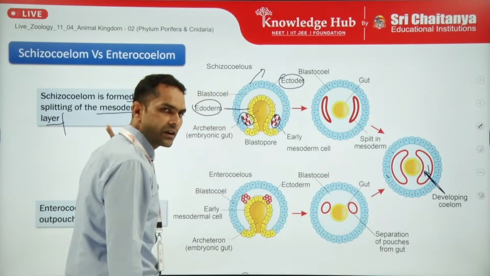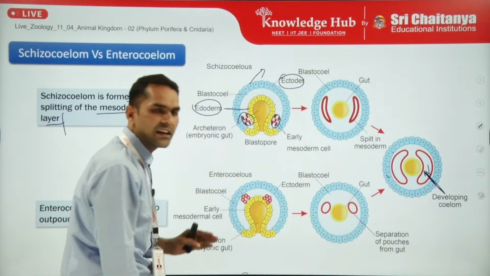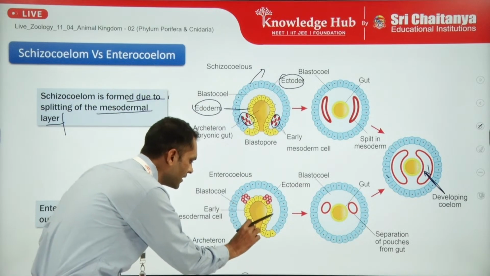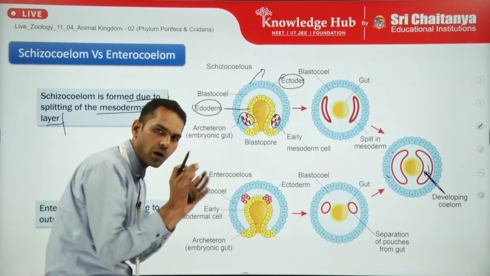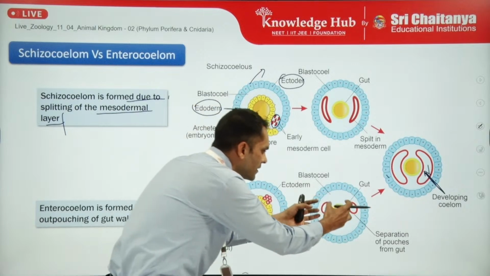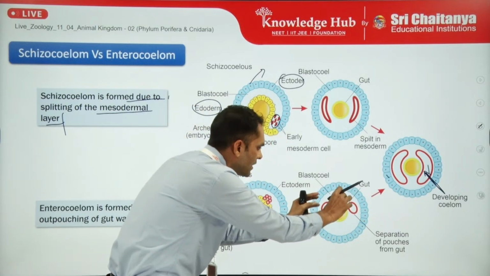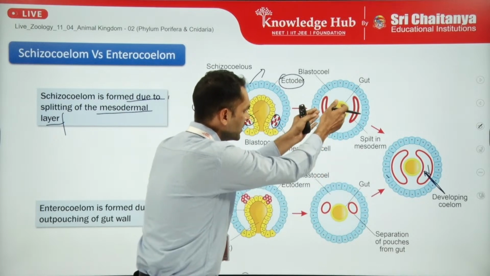So in schizocoelom, mesodermal mass will be there, but in case of enterocoelom, the gut, that is the endoderm derived mesodermal pouches will form, and these gut pouches will now isolate and will again form the coelom cavity in the previous method as shown in this way.